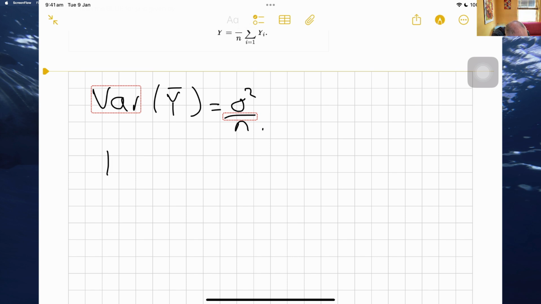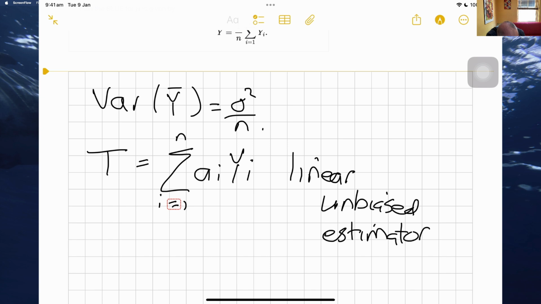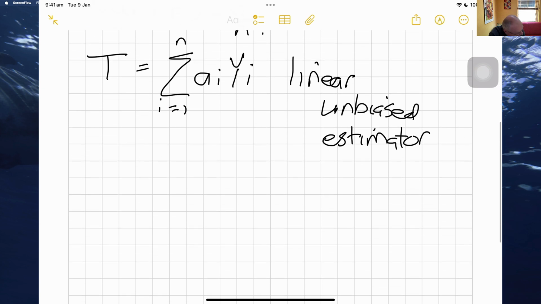So let's consider an arbitrary estimator, which I call t. There's going to be some sort of linear combination of the data, the sum as i equals 1 to n of ai yi. So this is a linear unbiased estimator. As I said, we're going to look at the variance of this.